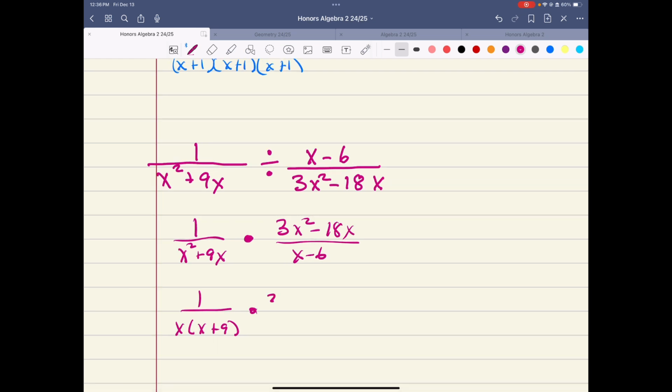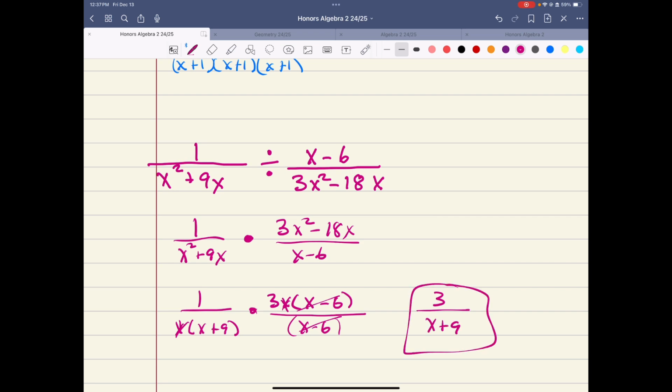If I take a 3x out, that leaves me with x minus 6 over x minus 6. Looks right to me. So those cancel out. I've got 3x on the top and x on the bottom, so my x's are going to cancel each other out, leaving me with 3 over x plus 9. There's our solution.